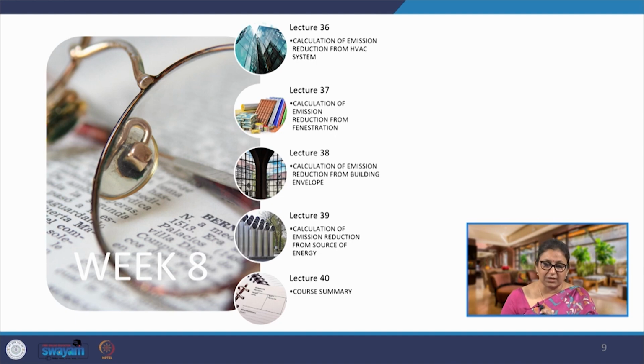And in the last week, we tried to present some very brief examples of how we can calculate the reduction in emissions through the strategy that we have selected for HVAC, fenestration, building envelope and the source of energy.